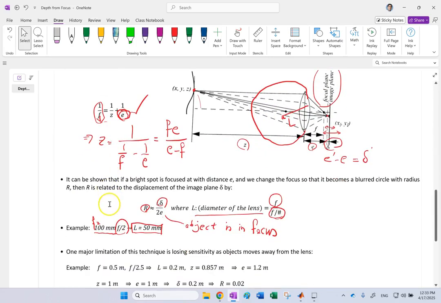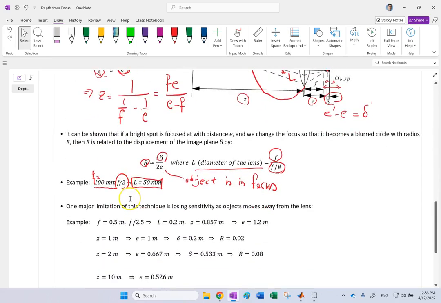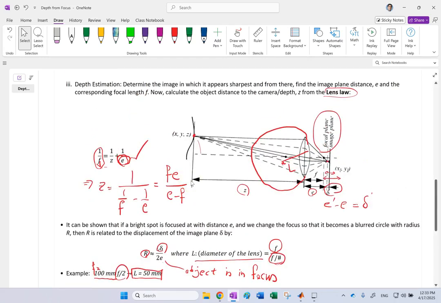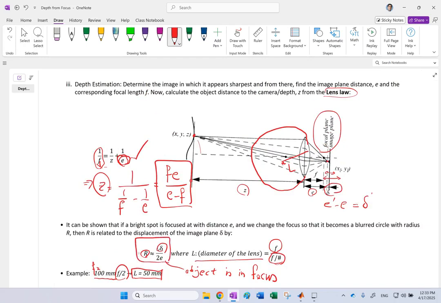So this can also be used. Okay, so here I gave you this second formula, but the way that you calculate depth is, as I said, through here. And then this bottom one also helps you to find the extent of blurriness if you have to use it.